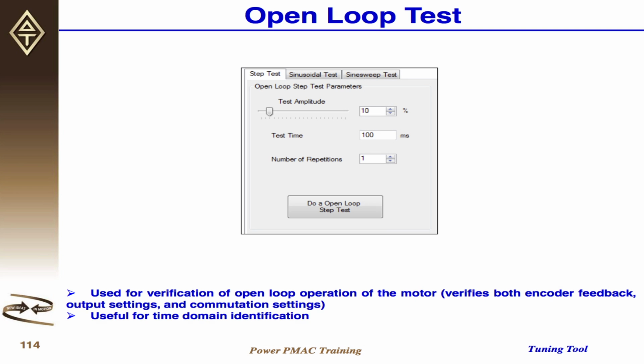After this step is done, you have to test how your system responds after the current loop is done for a brushless motor, or for a brush motor you have to look at its response. And we have several different types of tests. The most useful is what we call the step test.